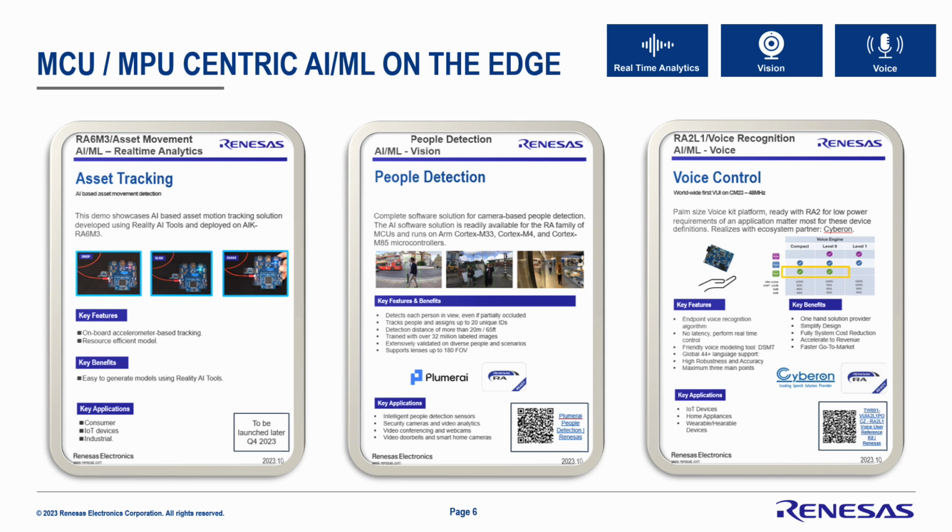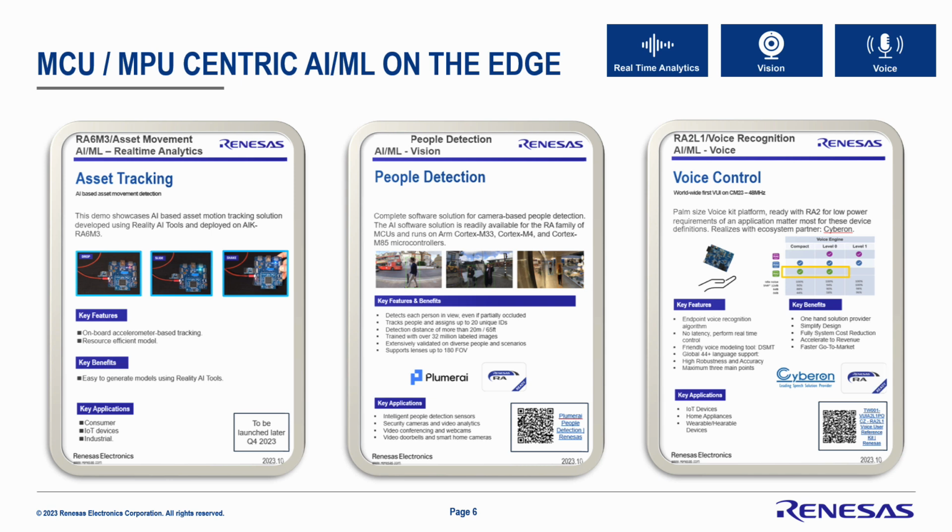Starting first with asset tracking, an asset movement detection model that runs on an ARM Cortex-M33 device that can go down to 100 megahertz, and believe me, we really have even smaller processors that can still run this design sufficiently. It takes a little bit more time, but this one is really fast and can detect movements like rotation, left, right, or even drop of the system.